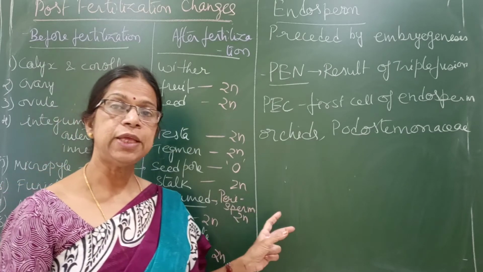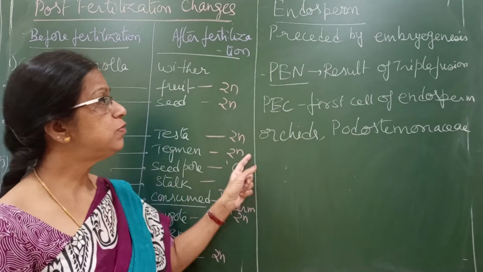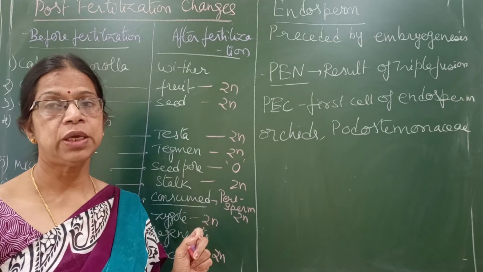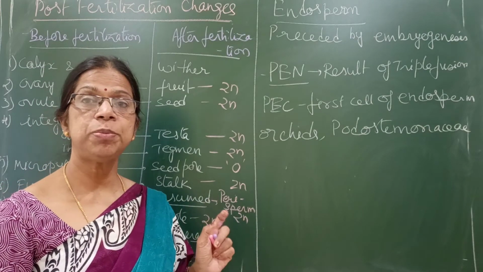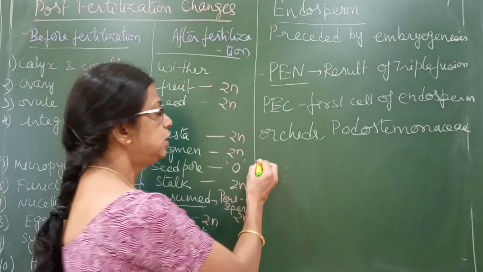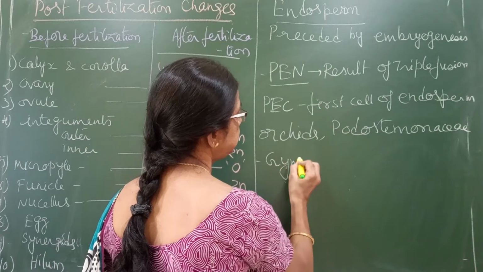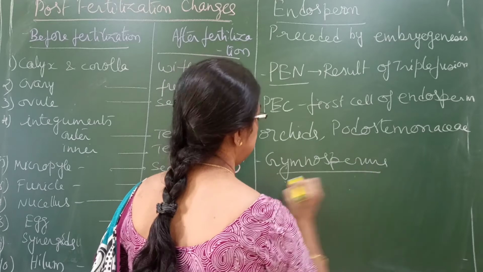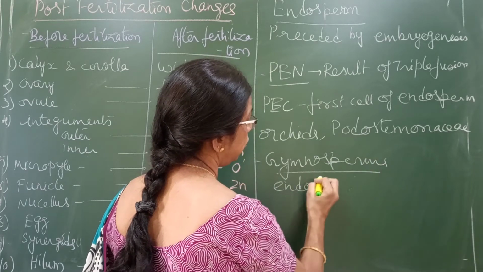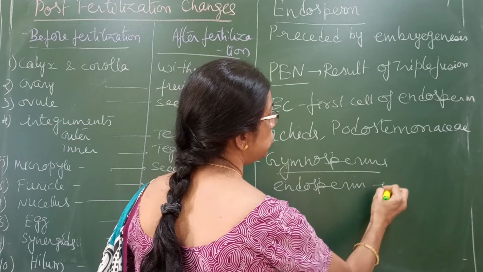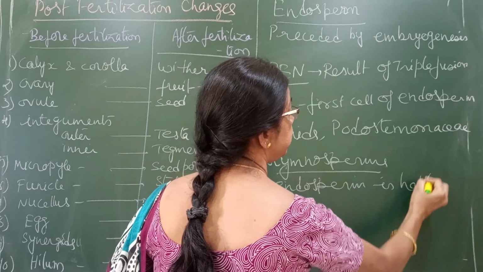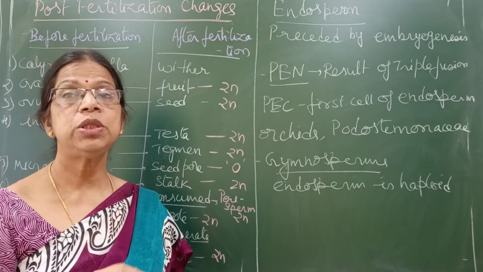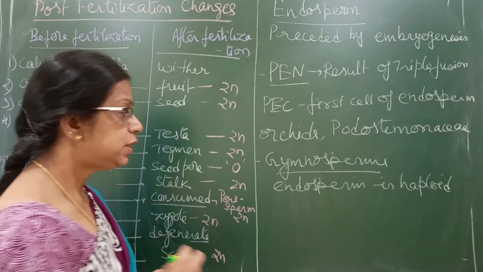Normally, endosperm in angiosperms is triploid because it is formed as a result of triple fusion, where three haploid nuclei are fusing. But in gymnosperms, the endosperm is haploid because it is directly formed from the female gametophyte without any fertilization.